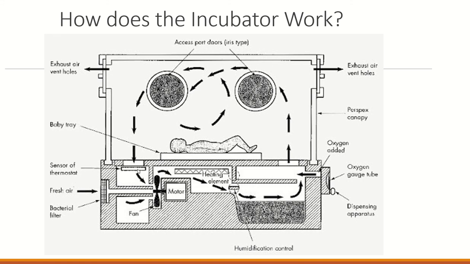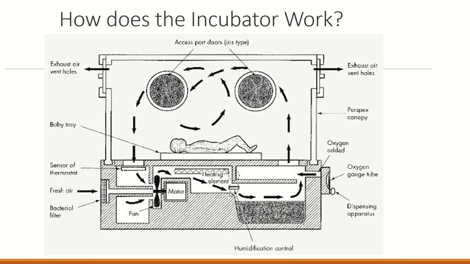Now, when the air is taken in, it comes here. There is a fan, right, connected to an electrical motor. That means that the fan is spinning. Now, the air that enters is collected by the fan, and then it is transferred into this little chamber here that has a heating element.